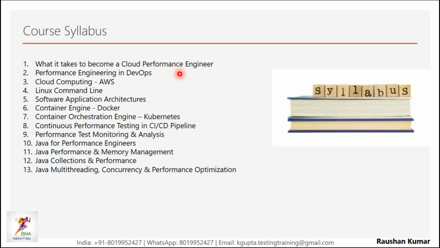Cloud will be the future, no doubt about that. There are many advantages, and you have to learn about this. We'll talk about performance engineering and DevOps, and how performance engineering is integrated in DevOps. We just looked into it briefly, but we'll go over the detail.